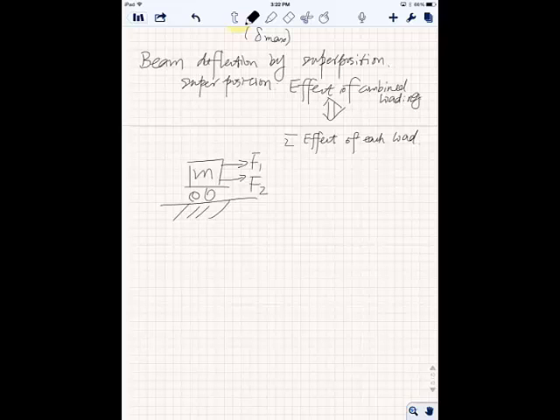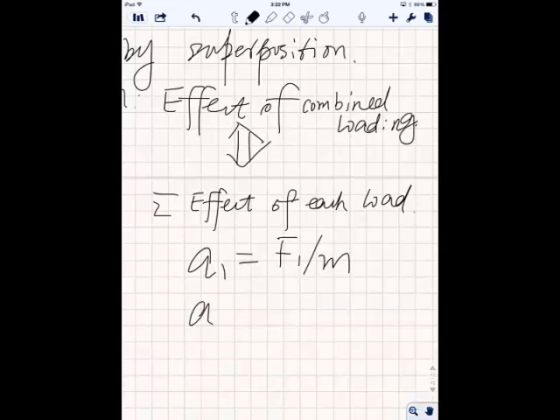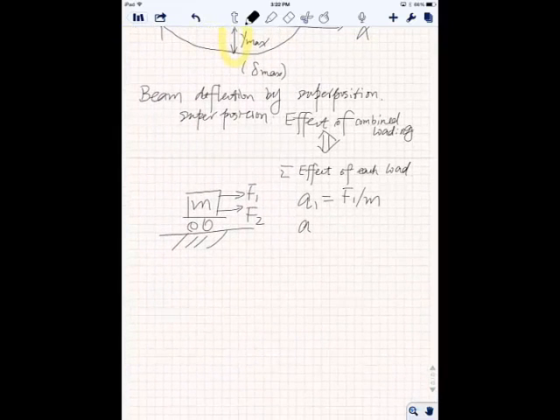What you need to do is you can say A1 equals F1 divided by m. Okay.